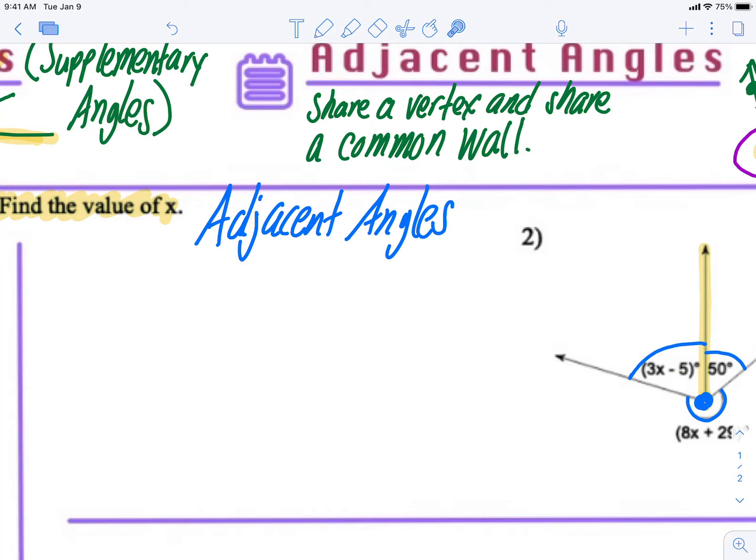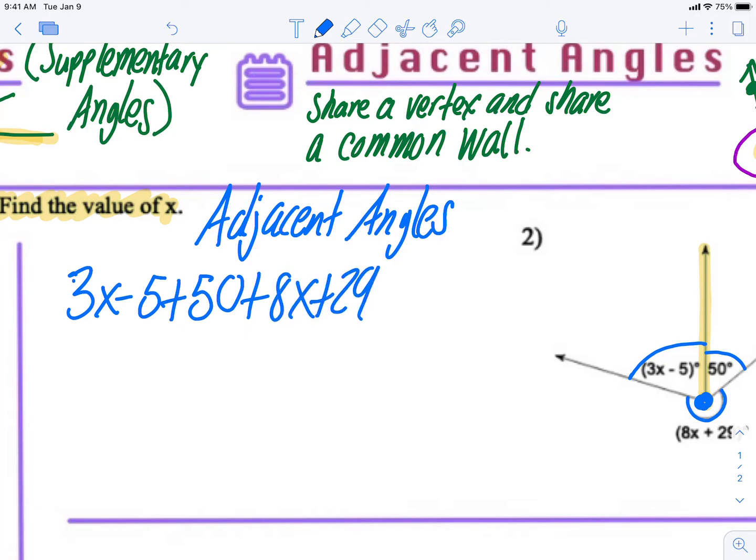These two here, that and that. They're adjacent. They're all next to each other. So let's add them all up. 3x minus 5 plus 50 plus 8x plus 29 is equal to 360 degrees, right? They form an entire circle.